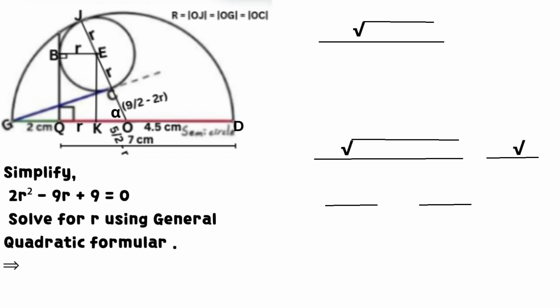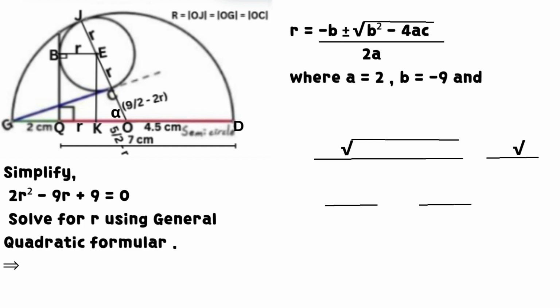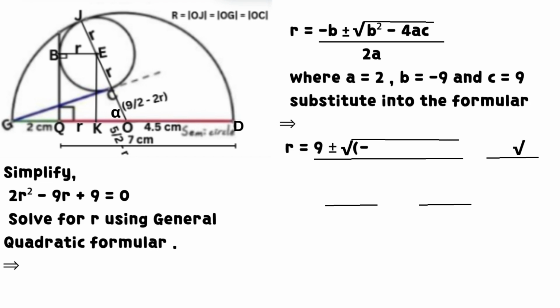Solve for r using the general quadratic formula. It implies that r equals negative b plus or minus the square root of the square of b minus 4 times the product of a and c, all divided by 2 times a, where a equals 2, b equals negative 9 and c equals 9.